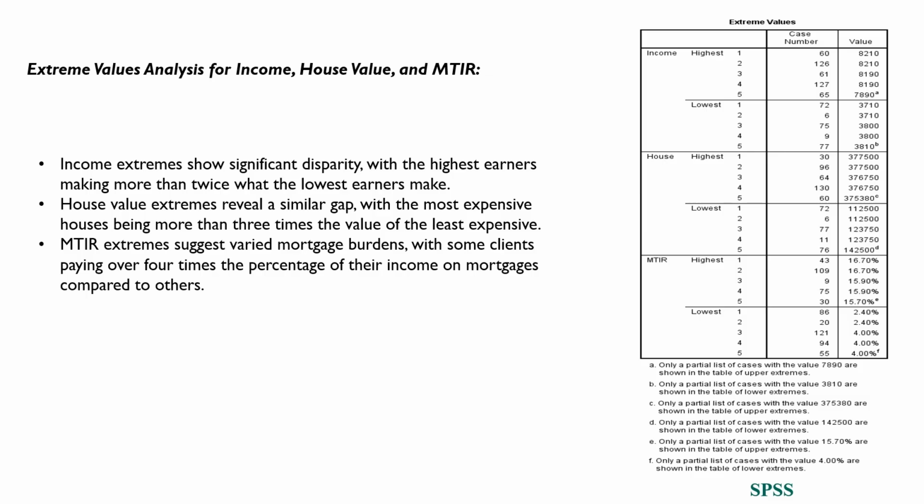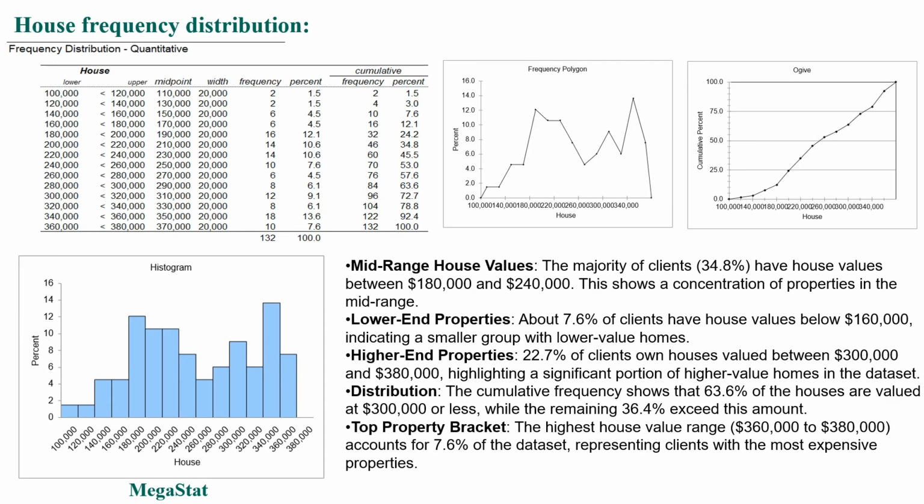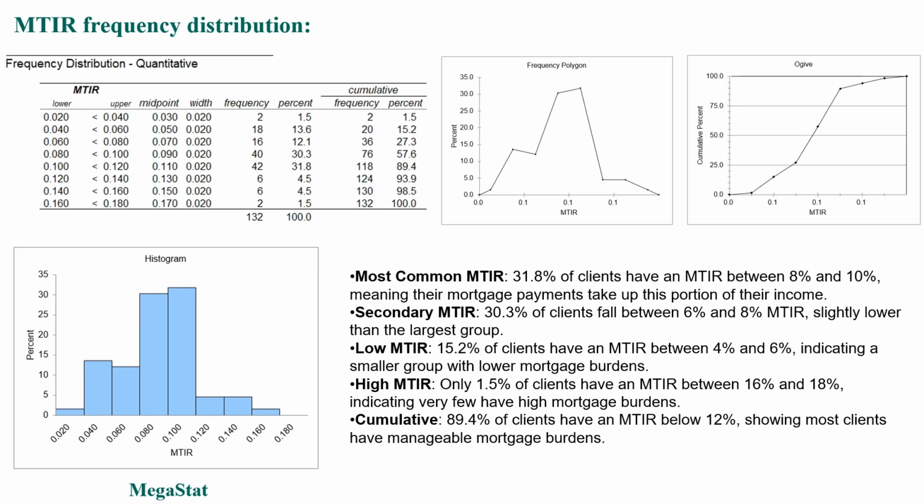Alongside the percentile analysis, we also did extreme values analysis for income, house value, and MTIR. And during the descriptive analysis of the quantitative variables, we also did the frequency distribution of the income, the house, and the MTIR.